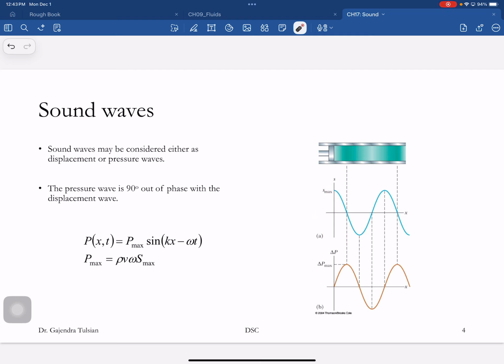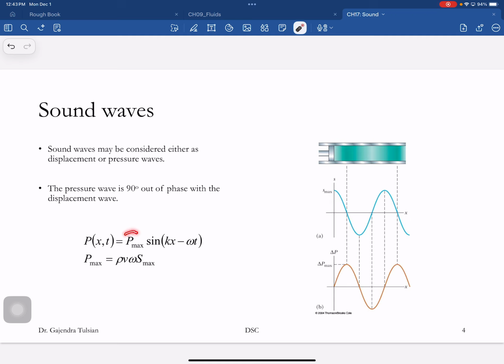So anyway, the molecular motion and the pressure waves you see are 90 degrees out of phase. This is just a technical difference, so don't worry about it. Think of the sound wave as a pressure wave, and in a fluid, it's only longitudinal waves that propagate.